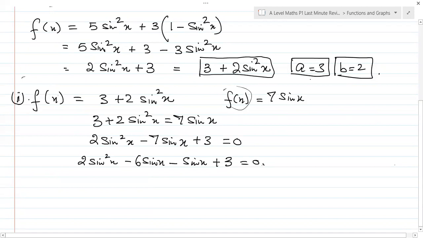So that's this. Now we can take 2 sine x common, so we'll be left with sine x minus 3, minus 1.